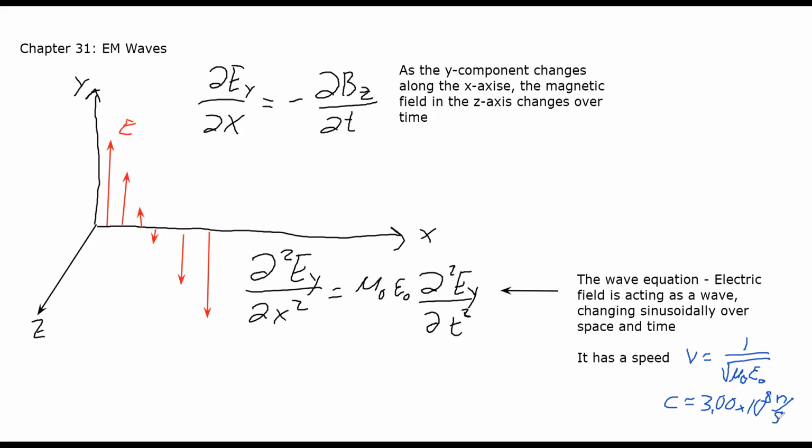The electric field is a wave, and we also see the same thing for the magnetic field. Through some substitutions, we get this. So that's the same thing as writing, let me finish writing, d squared Bz over dt squared.